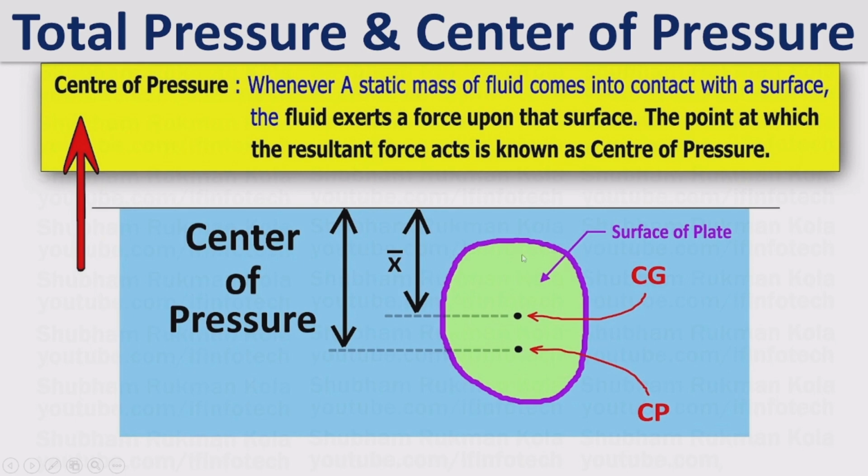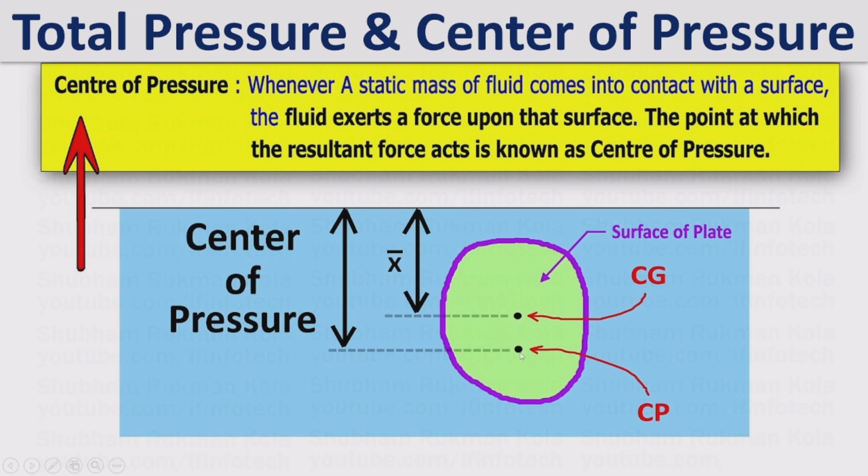For this submerged surface, this is the center of gravity of the surface, but the center of gravity is not the center of pressure, because this is a submerged surface. Towards the bottom, more force acts because of the weight of the fluid. The pressure increases in the downward direction, due to the weight of the fluid above that point.